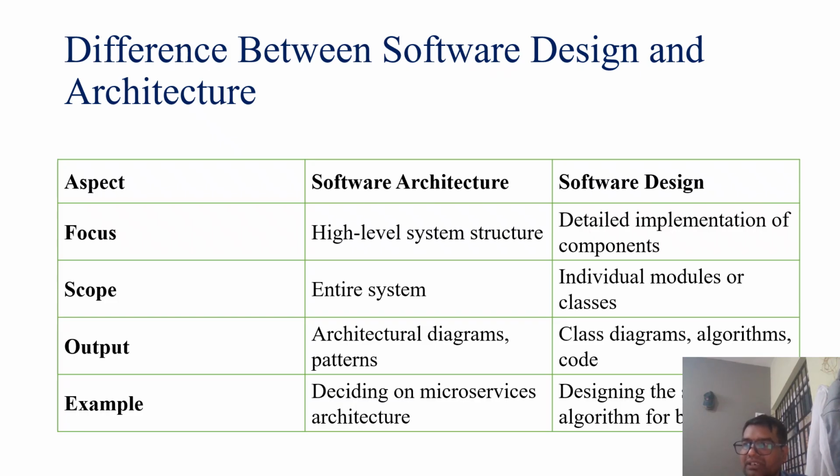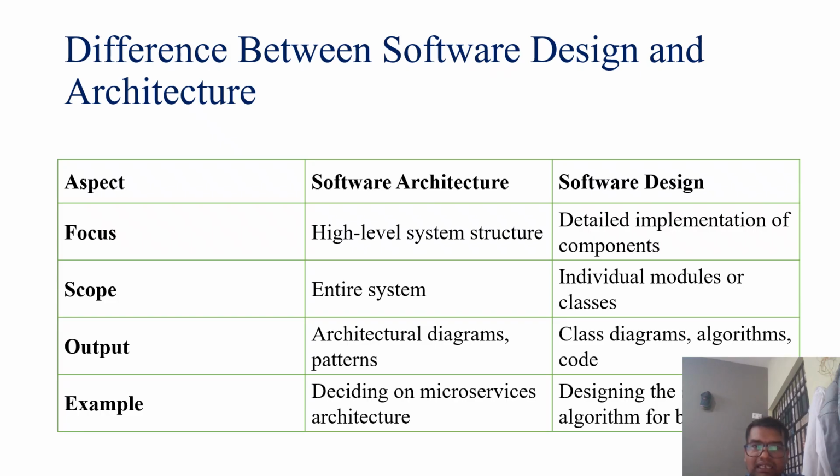Next, we will see what we mean by software design. Software design is the detailed planning of individual components, modules, and their internal logic, focusing on how to implement specific parts of the architecture.